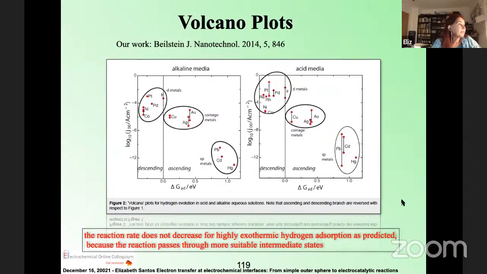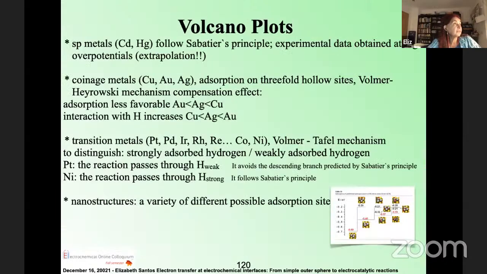But here we see that the adsorption energy actually increased. It should come back, but it doesn't, because in this case the mechanism for the hydrogen evolution reaction changes. The intermediate is another one, and then the reaction is different.